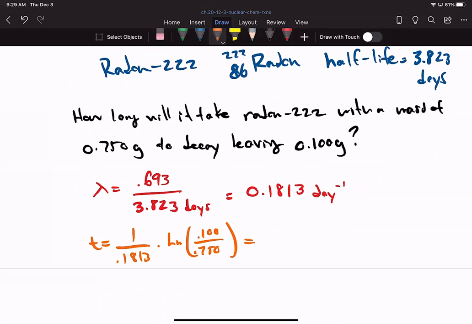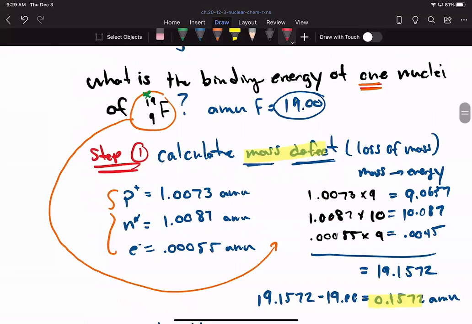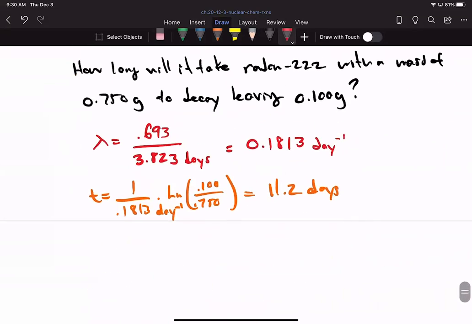This is equal to 1 divided by 0.1813 times the natural log of that ratio, and I get 11.2 days. 11.2 days.